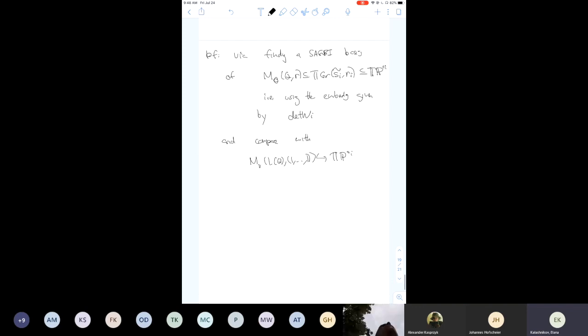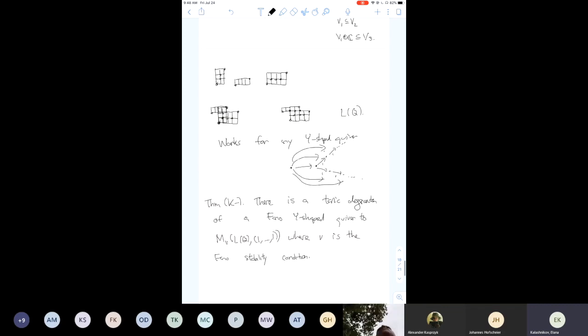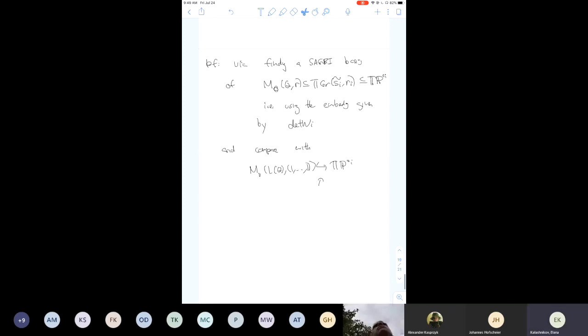And so this here is given by certain line bundles, and I'll use this quiver here to tell you which they are.